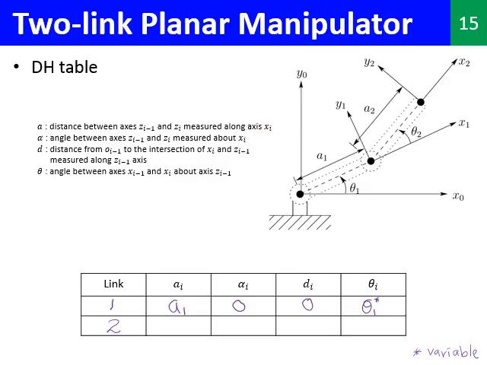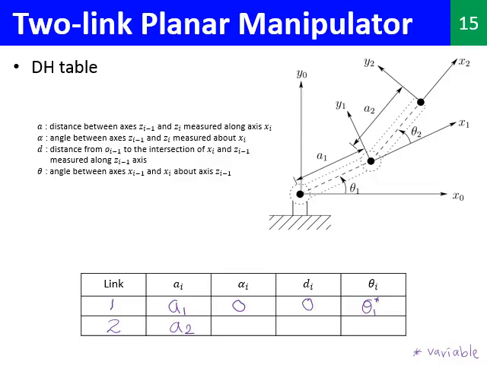Here we have Z1 and here we have Z2. So the distance between these two, here we have A2, right? Again, that is a constant value which we call the link length. So we can put that as A2 here.